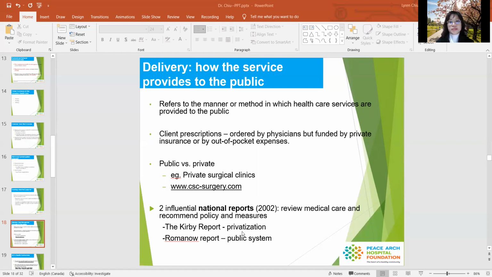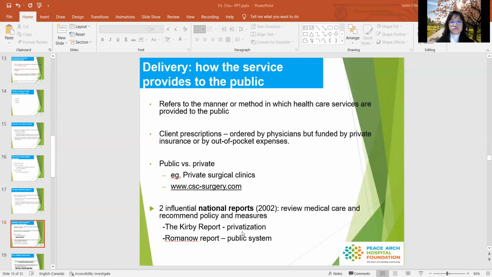And currently we use this public and private situation in the clinics. So we have private surgical clinics, but they need to work with the principles under the Canada Health Act.